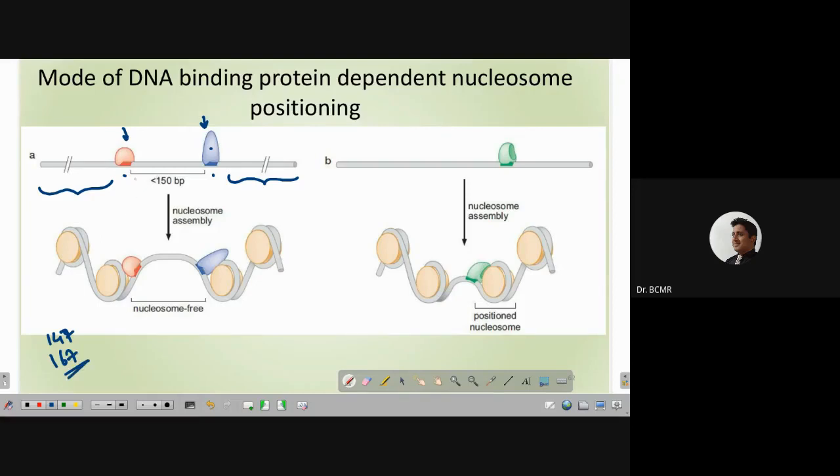If the space between, say, protein 1 and protein 2, the DNA binding proteins, is less than about 150, then a nucleosome cannot be organized in this location. So that region will be left out, will be nucleosome free. But in certain other places, because a protein is bound, that will enhance the formation of nucleosomes, something like this, right?